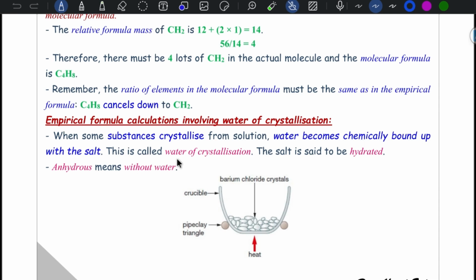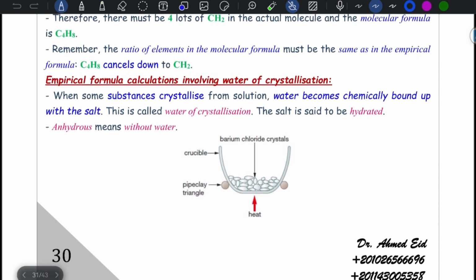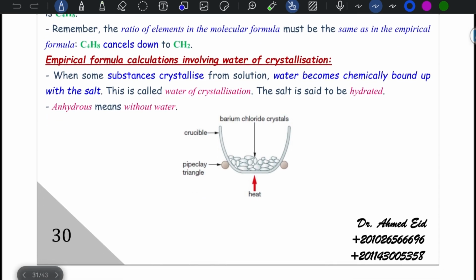When we talk about empirical formula calculations involving water of crystallization: when some substances crystallize from solution, water becomes chemically bound up with the salt. This is called water of crystallization. The salt is said to be hydrated, while anhydrous salt means without water.